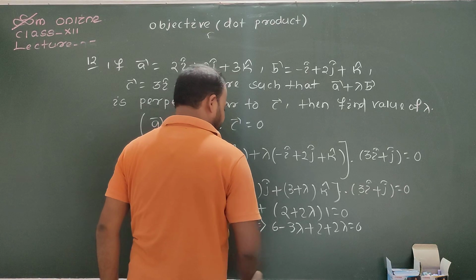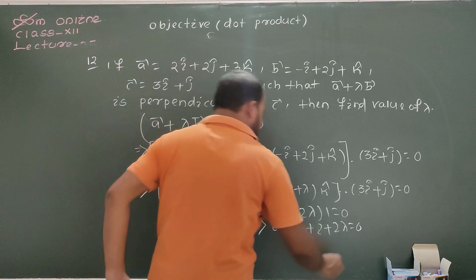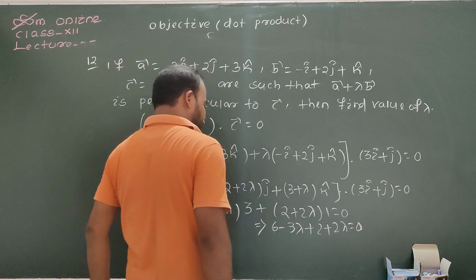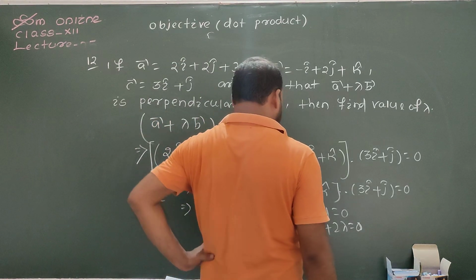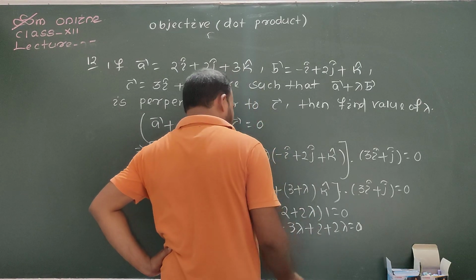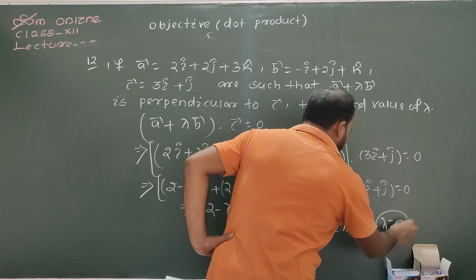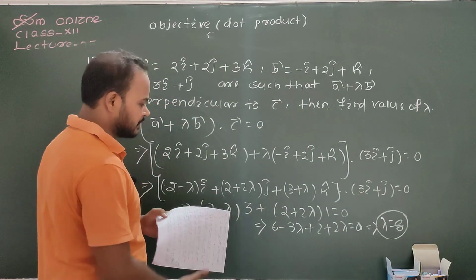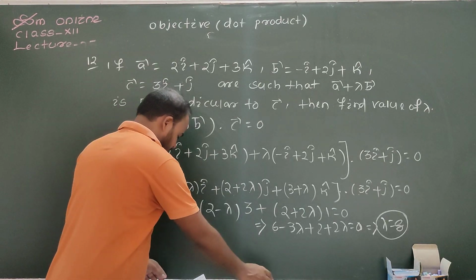This implies that 6 plus 2, that is 8, and minus 3 lambda plus 2 lambda, that is minus lambda, so lambda equal to 8. The value of lambda equal to 8. Now move to question number 13.